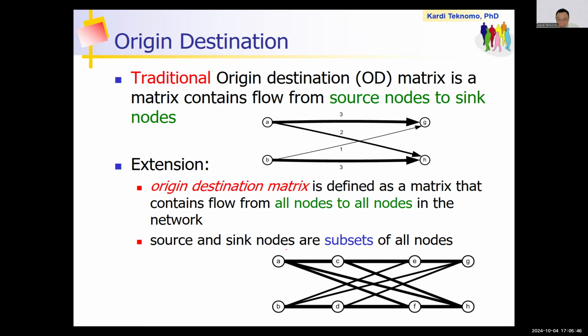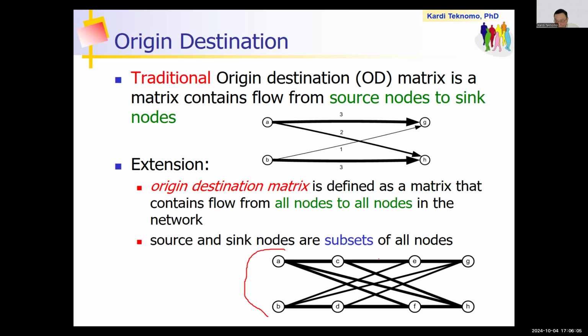But now if you look at this example here, we are not just putting that. We will have, for example, A to C, A to E, and A to G. Why?